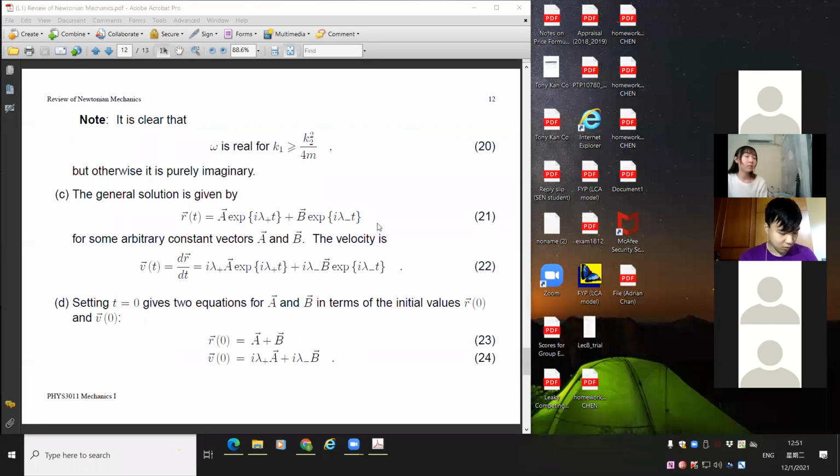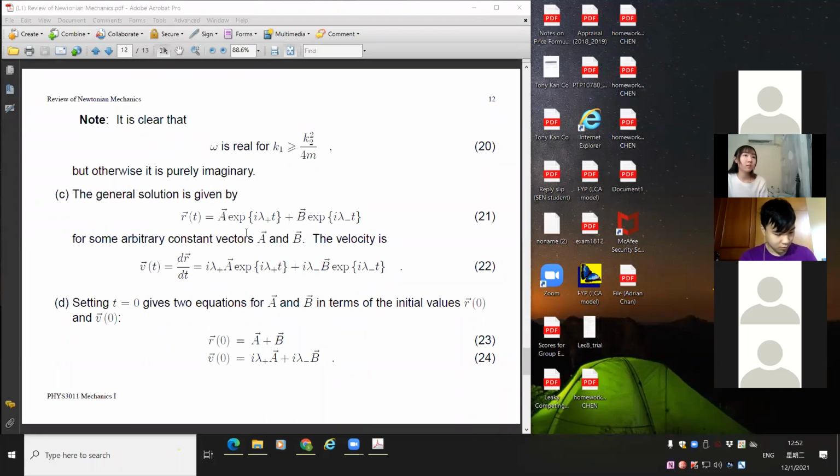Here is the general solution. Now we have a second order differential equation, so we expect to have two independent solutions. One corresponding to lambda plus, the other corresponding to lambda minus. So the general solution will be a linear combination of these two. Here, the A vector and B vector are arbitrary constant vectors, which will be fixed by imposing the initial conditions.